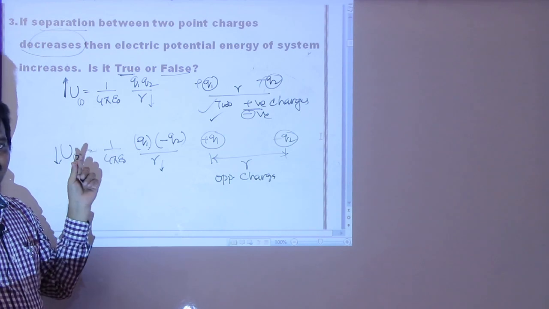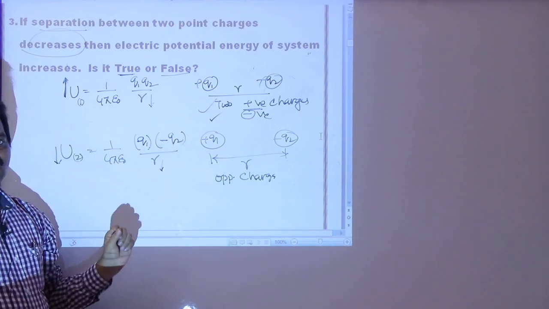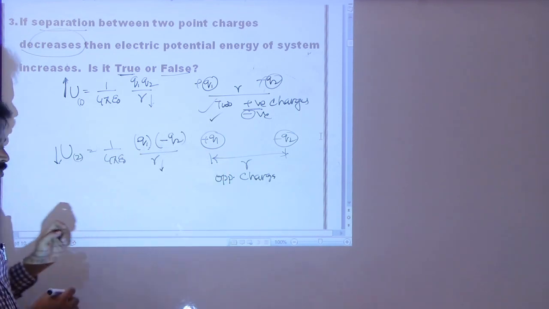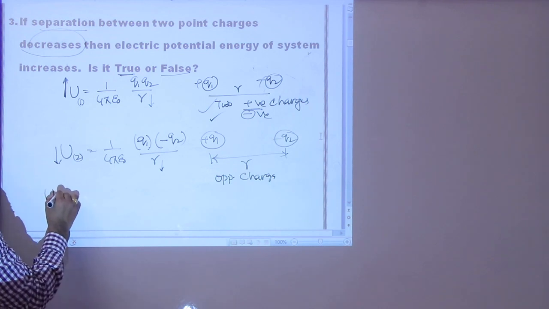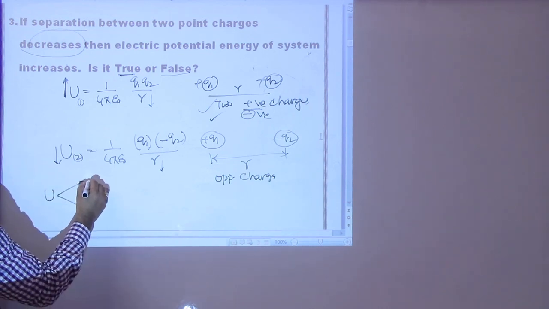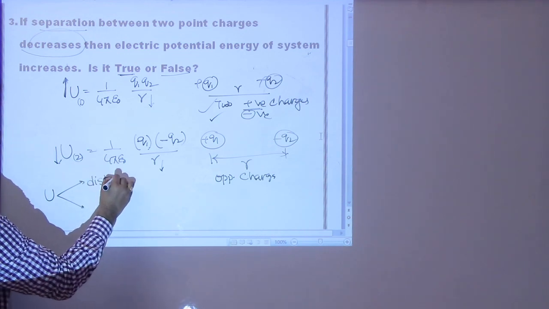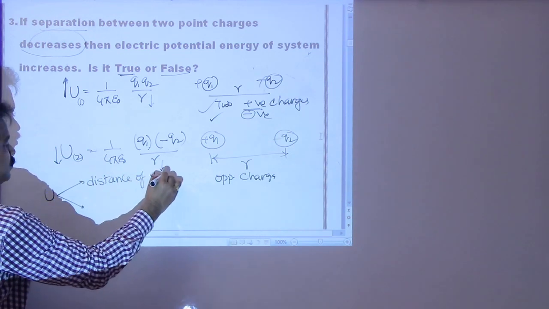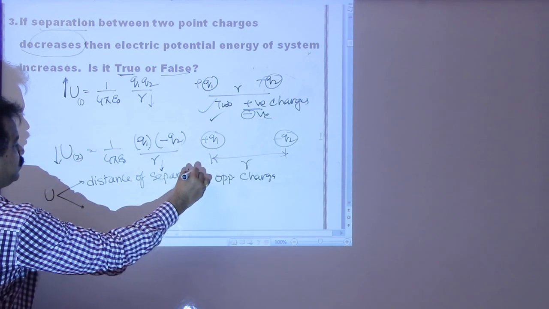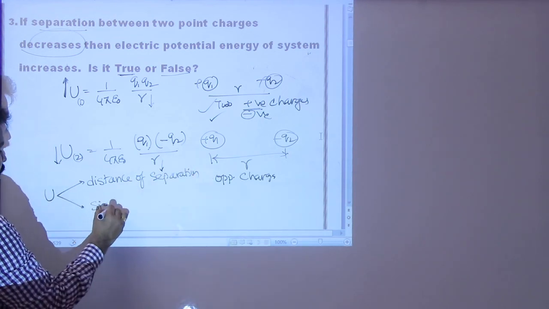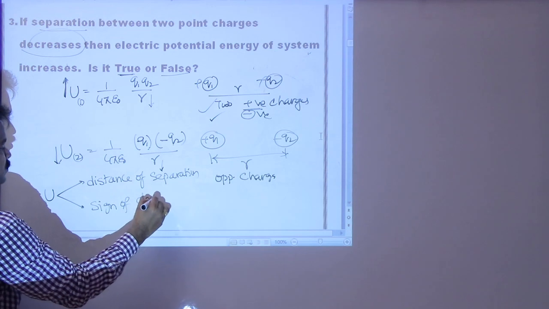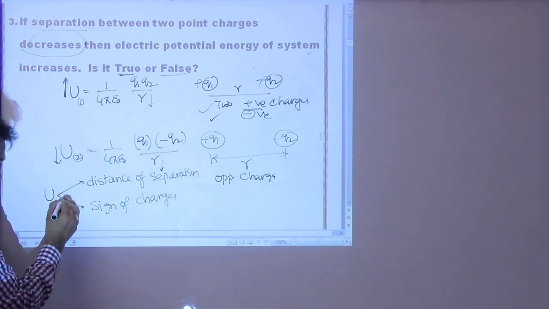The potential energy between two charges depends not only on the distance, but also on the sign of the charges. So U depends on two factors. One is the distance of separation. Second is the sign of charges.